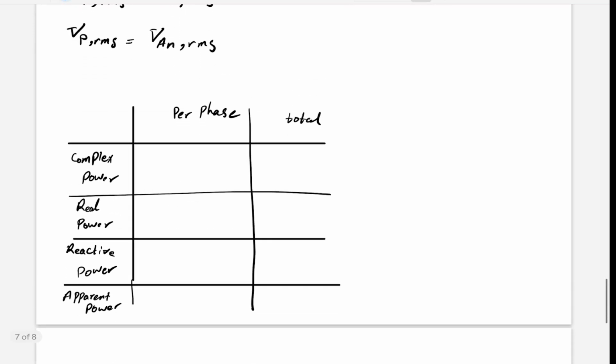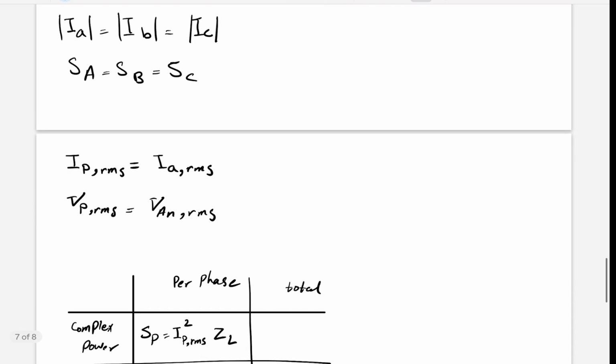Now, the complex power per phase is equal to IP RMS squared times the load, ZL. Then the total complex power, okay, let me tell you. Per phase, the complex powers of each of these, as we showed here, SA, SB, and SC, are equal.